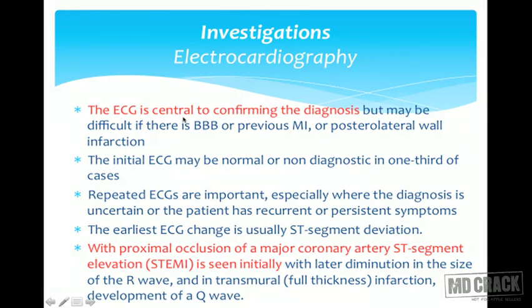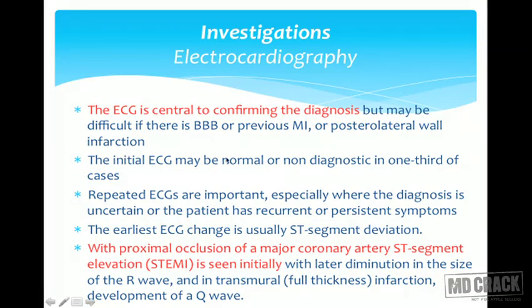The ECG is central to confirming the diagnosis of myocardial infarction. And please remember, it may be difficult if there is bundle branch block or some previous MI or posterolateral wall infarction. As I have already narrated earlier, if there is posterolateral wall infarction, this area is underrepresented in the ECG and so you might miss it also.